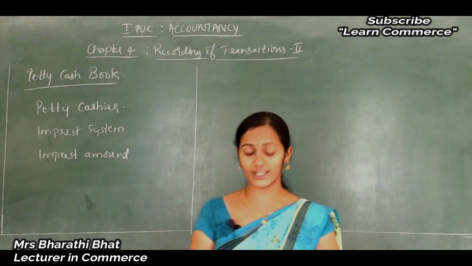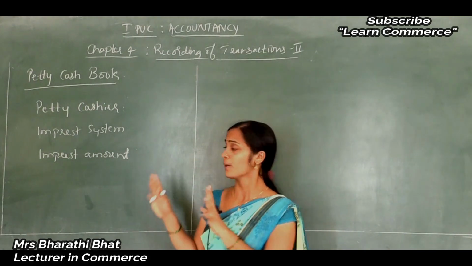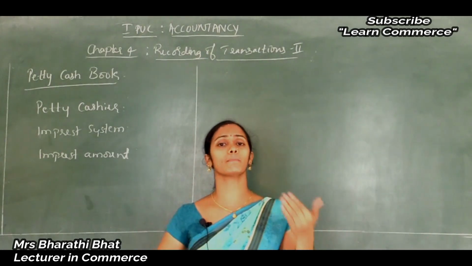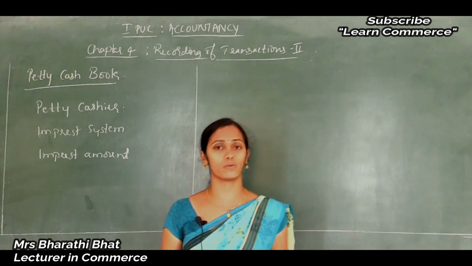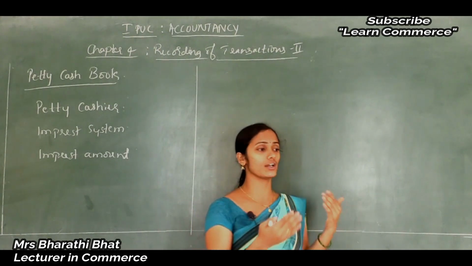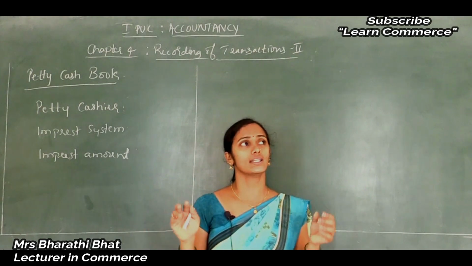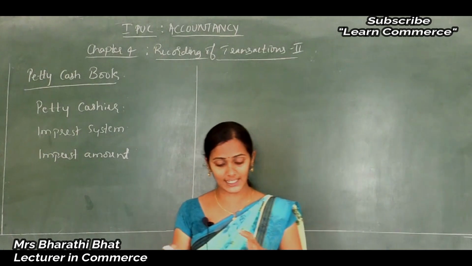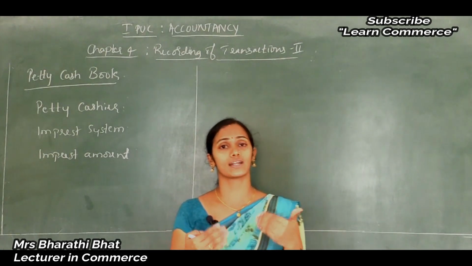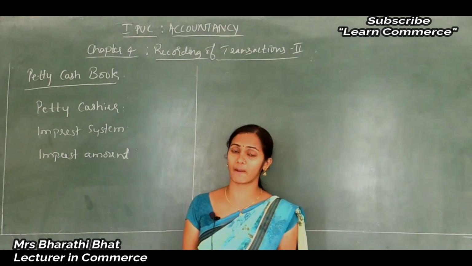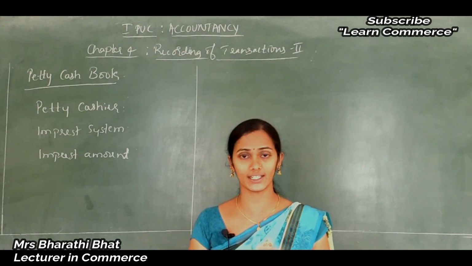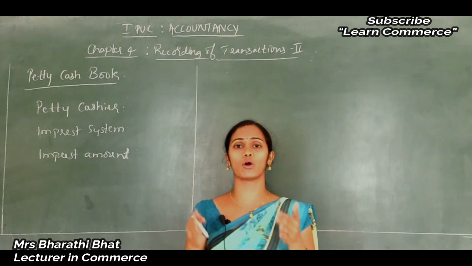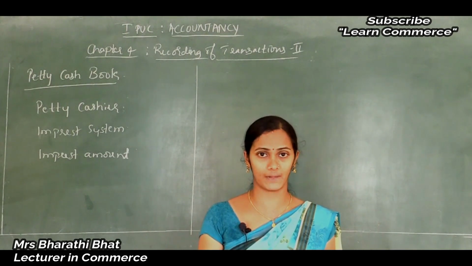So when he has spent a portion of the imprest amount, say for example the main cashier gives 1000 rupees to the petty cashier, and the petty cashier spent nearly 750 rupees in that period, then the petty cashier gets reimbursement of the amount spent from the main cashier, so that amount will be used in the next period.